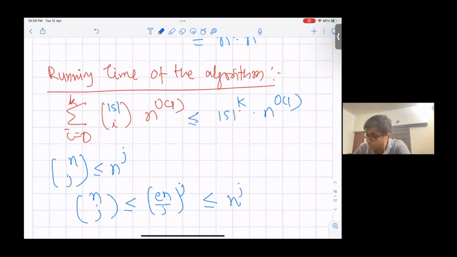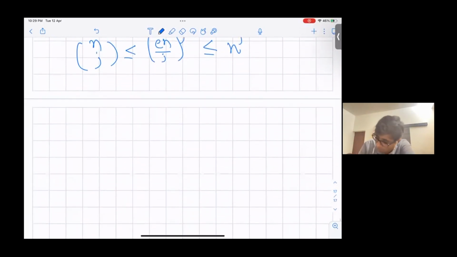Okay. So what is now? Let's focus on |S| power k. What is the cardinality of S?